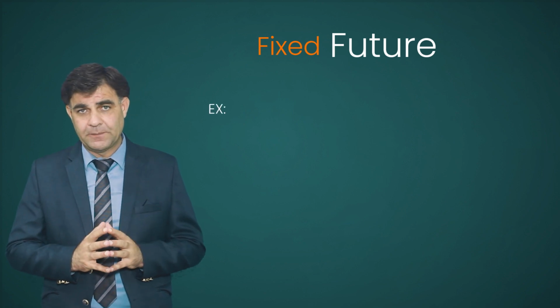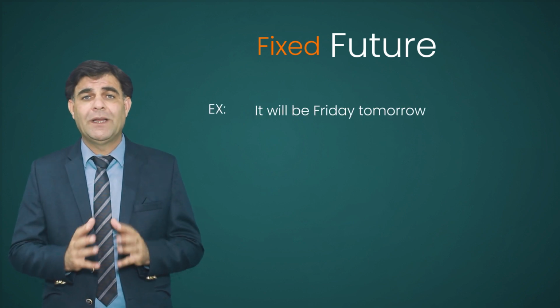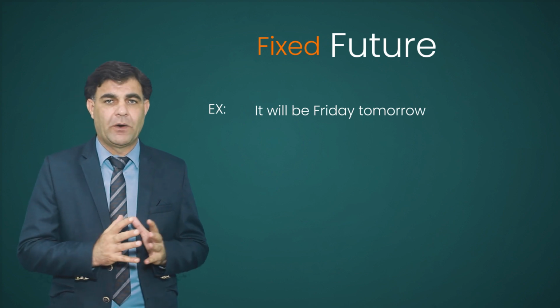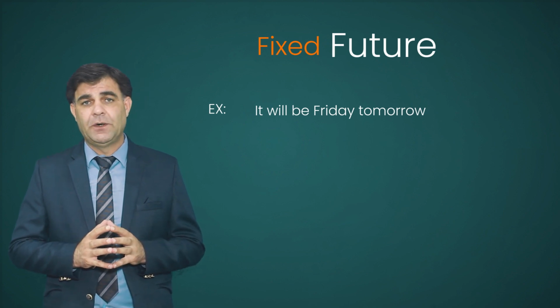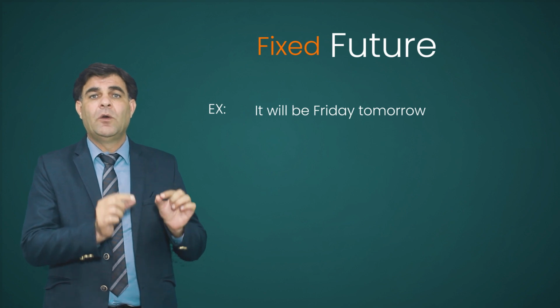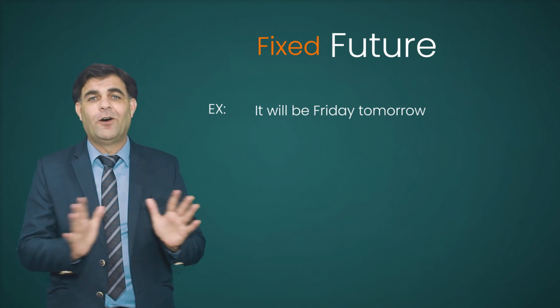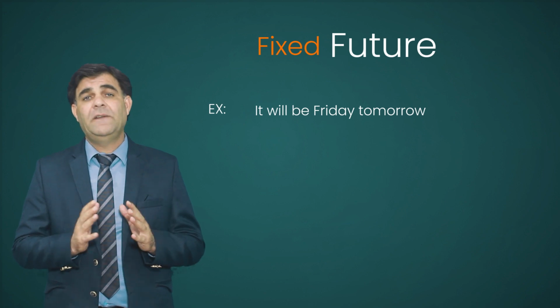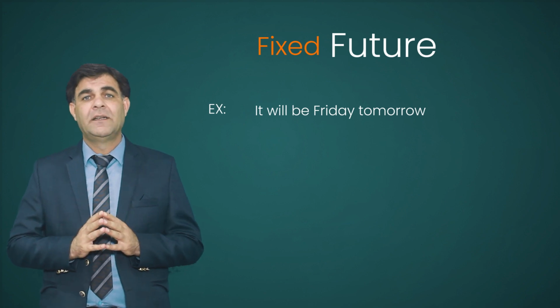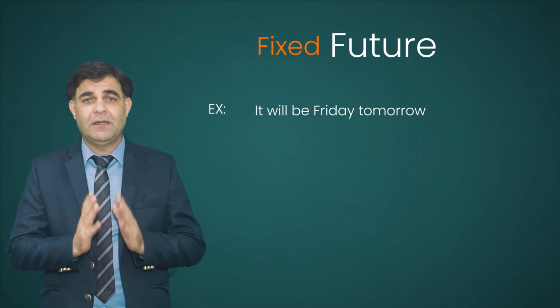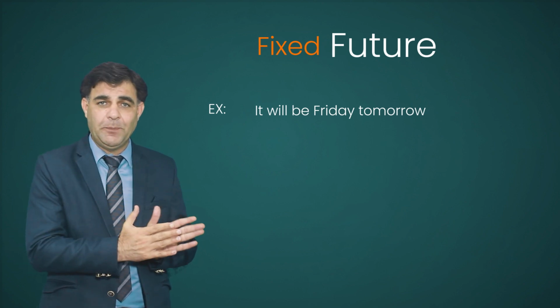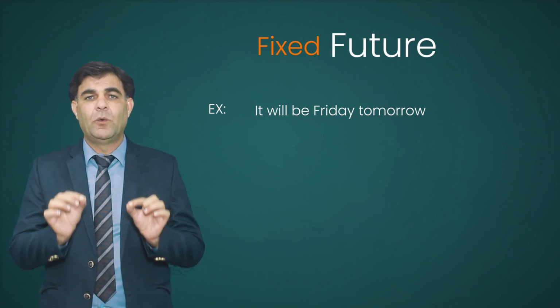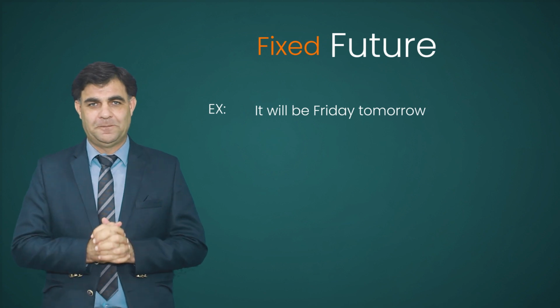For example, it will be Friday tomorrow. So, tomorrow will be a Friday in all cases. It is fixed. If you are sick, if you are in hospital, if you are sleeping, tomorrow will be Friday.